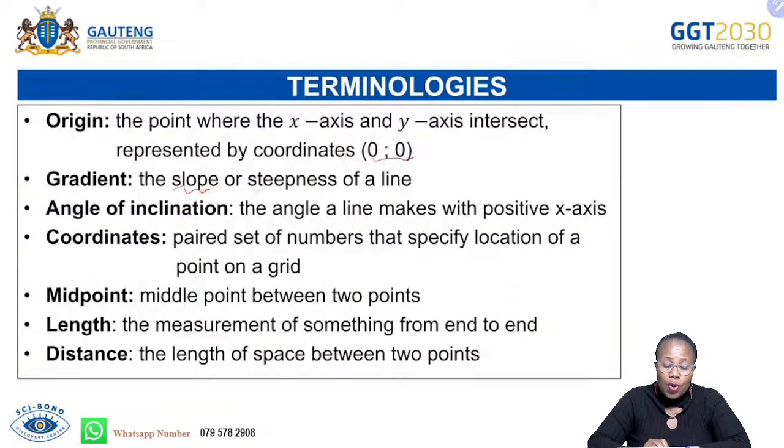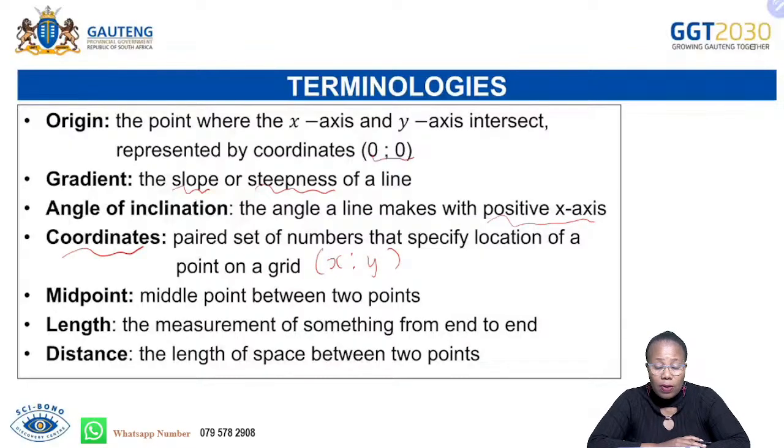It's the slope or the steepness of a line, which we have just calculated with (y2 - y1) over (x2 - x1). We have the angle of inclination, which is the angle a line makes with the positive x-axis. We have the word coordinates. That is the paired set of numbers that specify the location of a point, and it is always written as x and y coordinate. Okay, x and y coordinate.